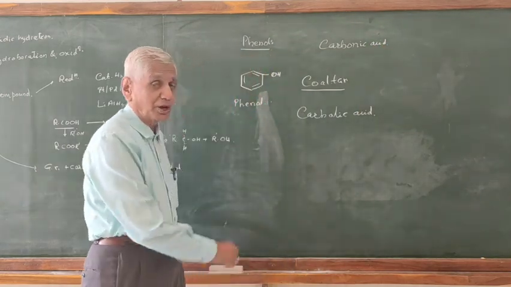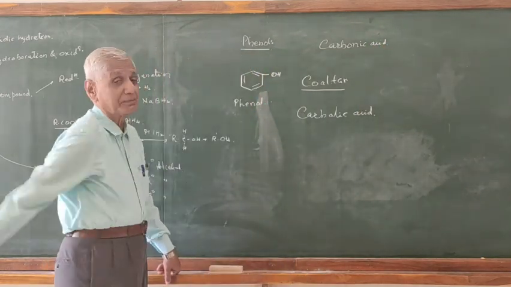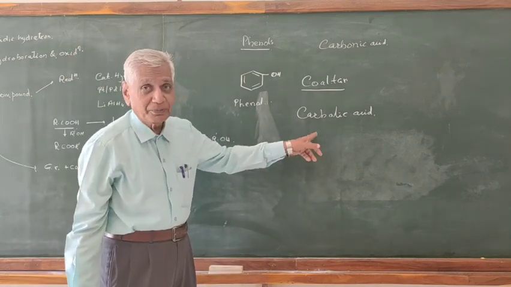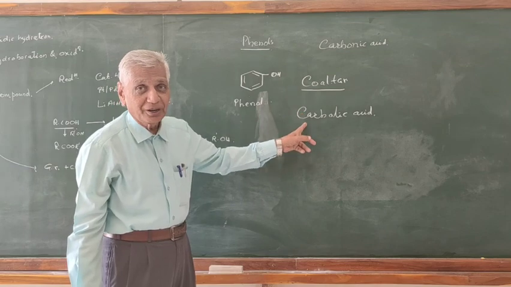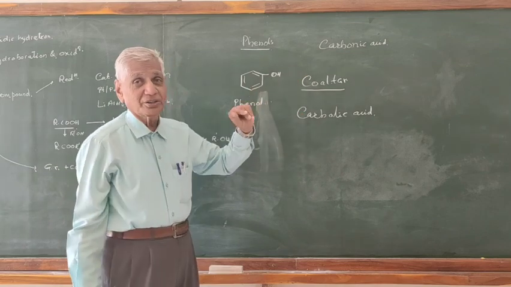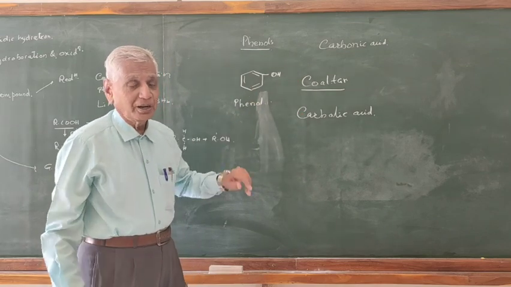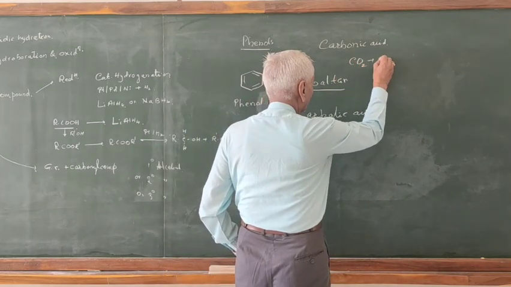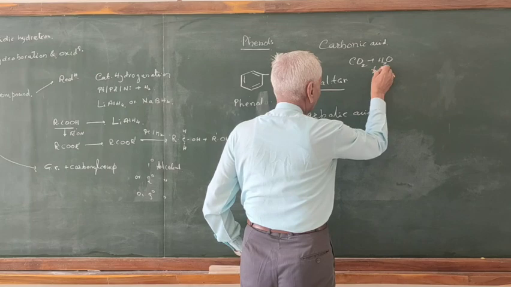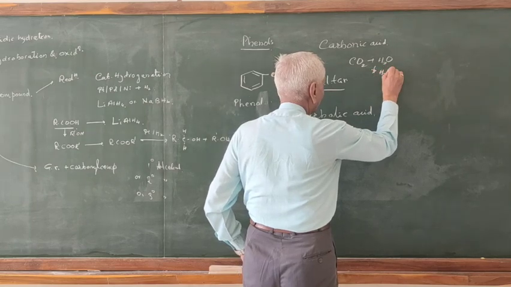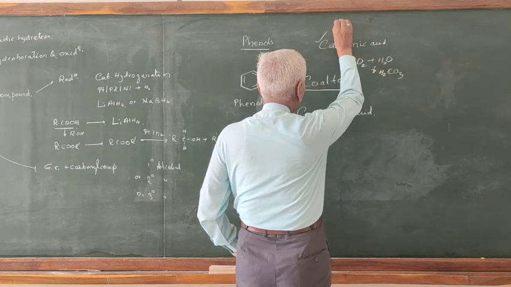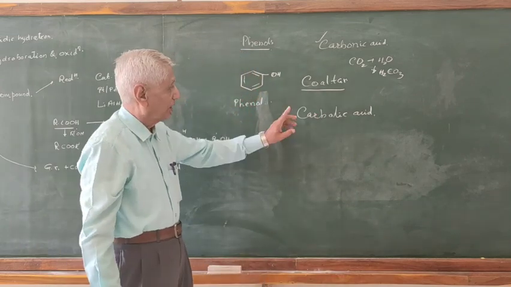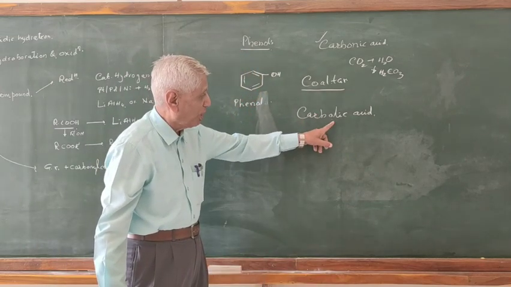Carbonic acid has an 'n' in the word, carbolic acid has an 'l'. Phenol is carbolic. Don't confuse. That is carbolic acid. What is carbonic acid? It is a mixture of carbon dioxide and water. That is H2CO3. This is known as carbonic acid. This is known as carbolic acid.